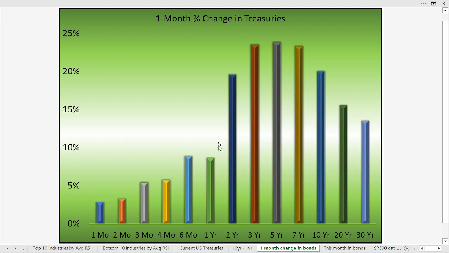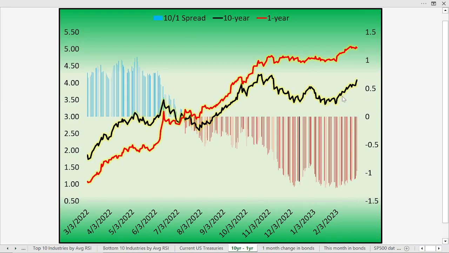The short-term bonds, like the 1 year, have only gone up around 9%. The 10-year has gone up around 20%. So we see a lot more growth in the yield on the medium and long-term bonds than we do in the short term. What does that mean? It means that the black line, the 10-year, is going up faster than the red line is. It looks like the inversion is starting to contract.